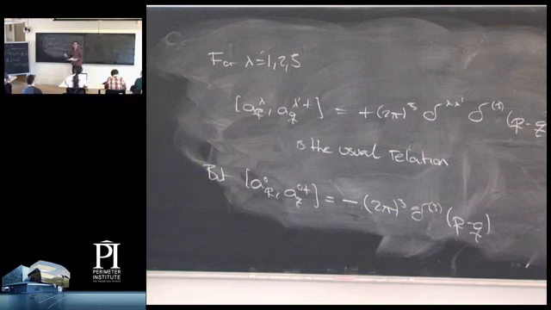So we haven't talked about the Hamiltonian yet. The Hamiltonian isn't going to be unbounded below. That's going to be fine. What's weird is this minus sign here. And let me explain why it's weird. So if we define the vacuum in the usual way, it's just a state that's annihilated by all the A's.